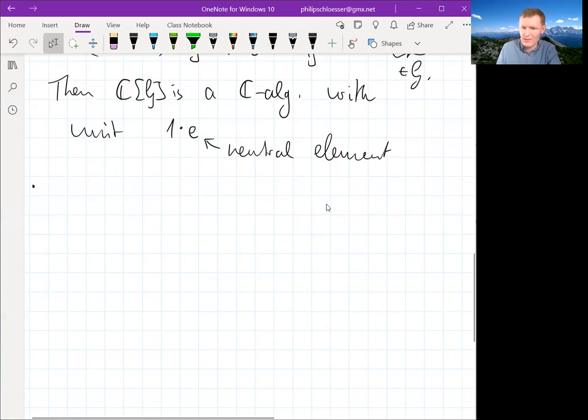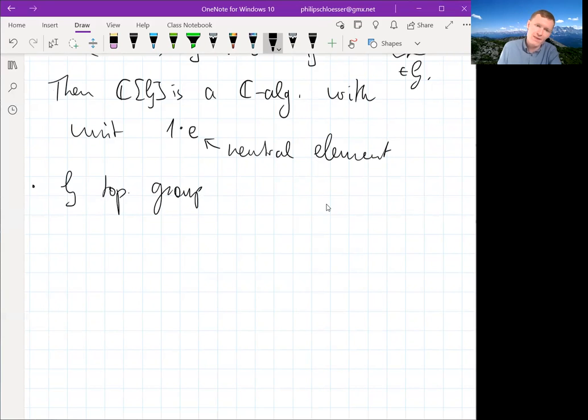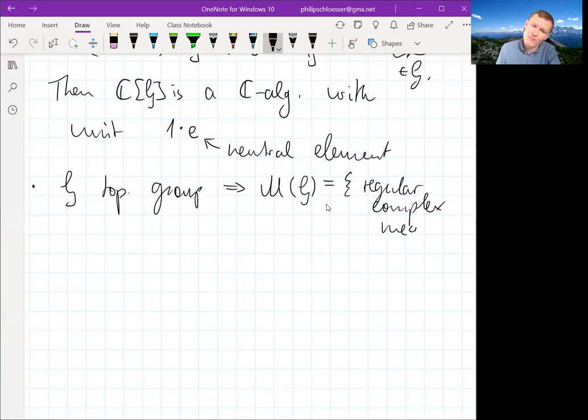For example, if G is a topological group, then we could think about M(G), which is the regular complex measures. And we can define some sort of convolution of measures.